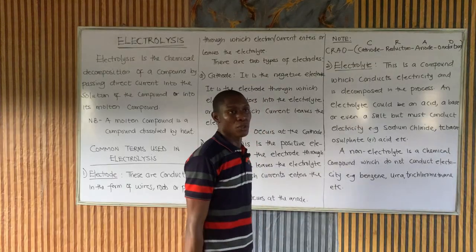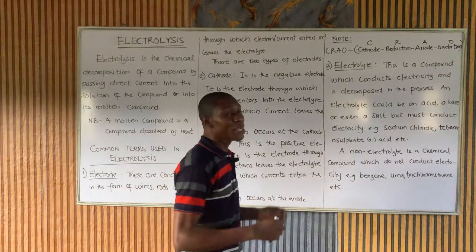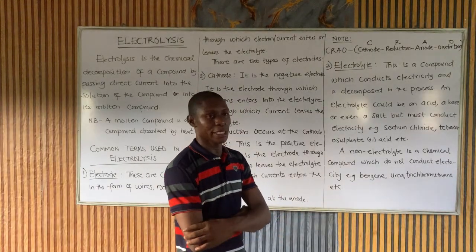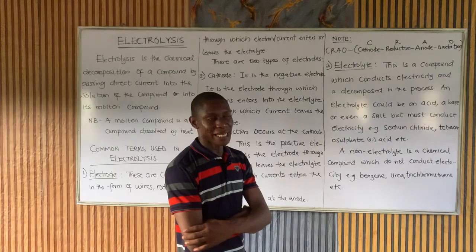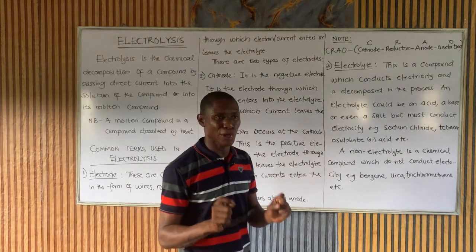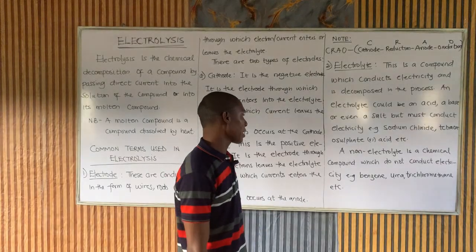Now, the next thing we want to look at is electrolyte. This is a compound which conducts electricity and is decomposed in the process. An electrolyte can be an acid, it could be a base, or even a salt, but must conduct electricity and be decomposed in the process.